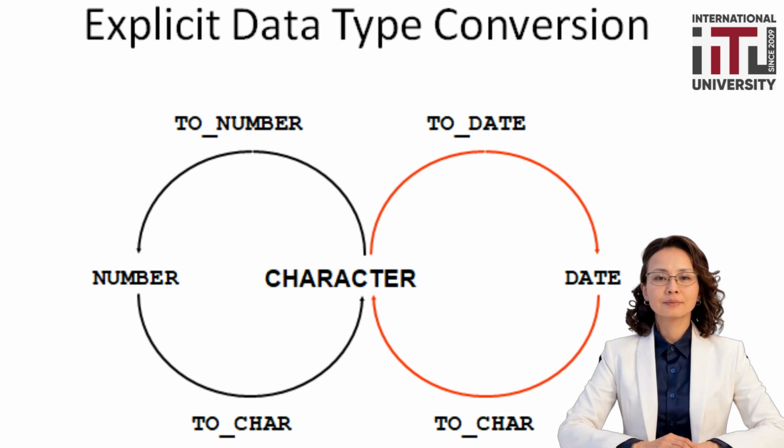For example, ToNumber converts character data into numeric values, ToDate converts character data into date values, and ToChar converts numbers or dates into character format. This approach is more reliable because it eliminates ambiguity and reduces the risk of errors during execution. Overall, explicit conversion is considered a best practice, especially when working with different data types, as it ensures accuracy, readability, and better performance in SQL queries.